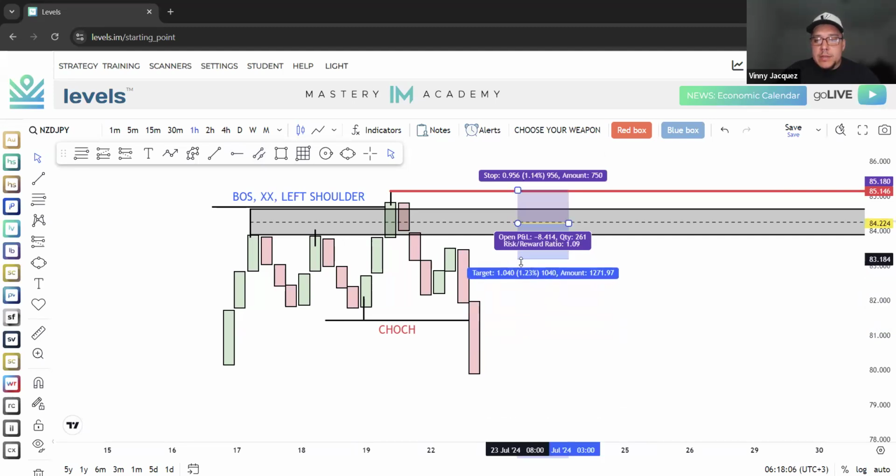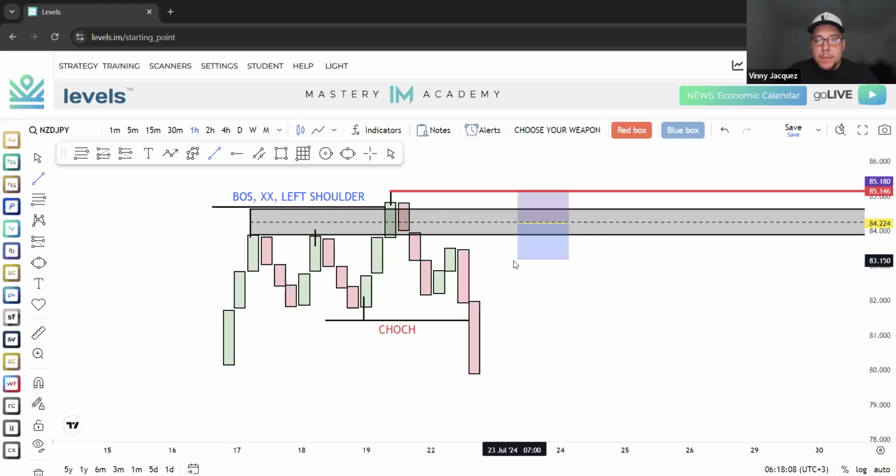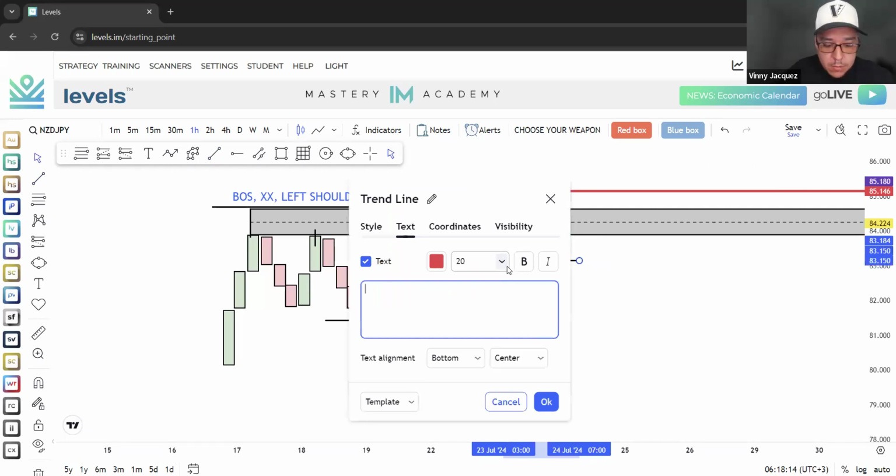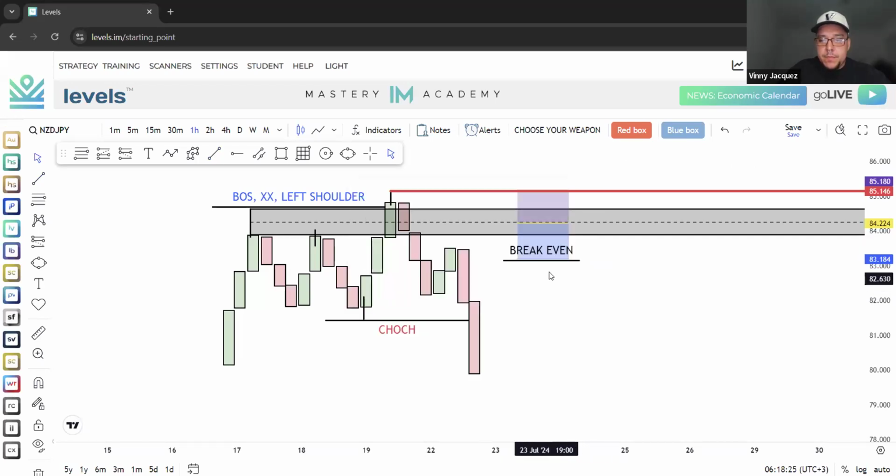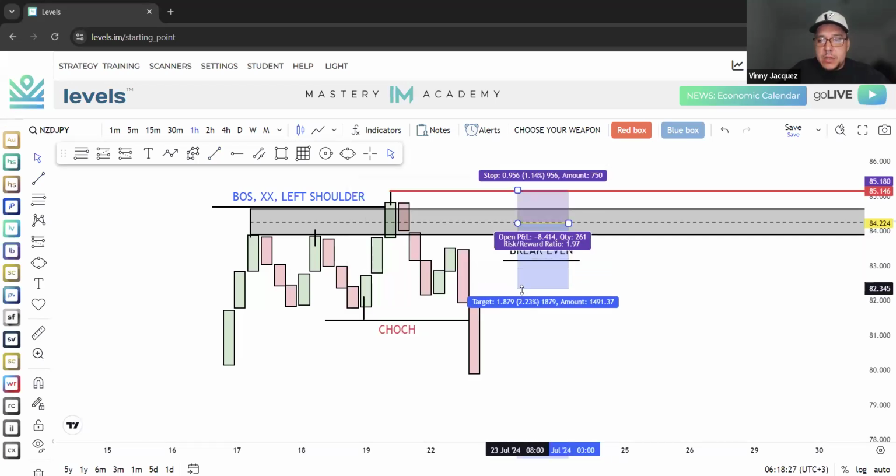So at 1 to 1, guys, once the market gives you a 1 to 1, this is your break even. Now you pull this down to a 1 to 2.